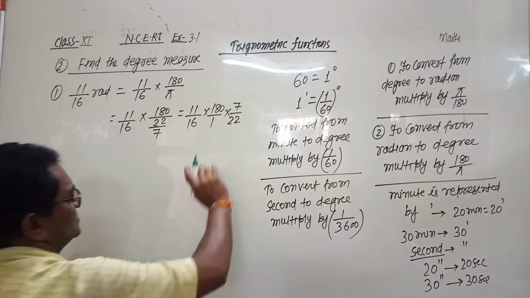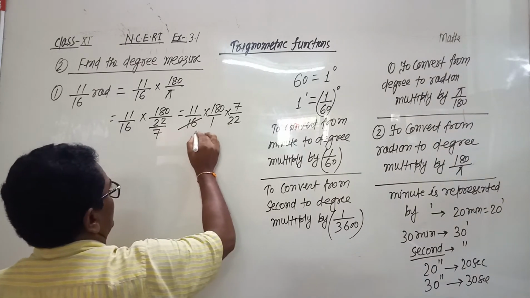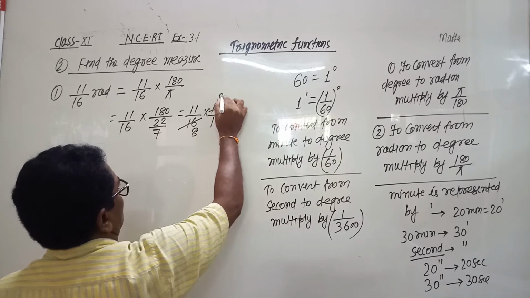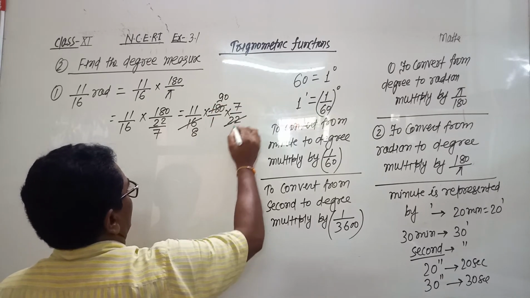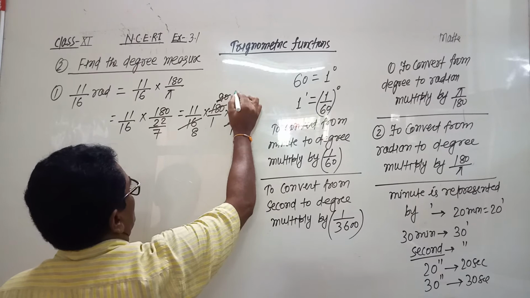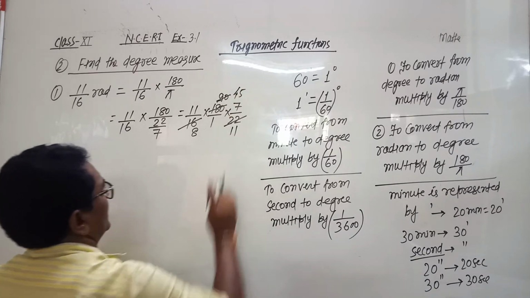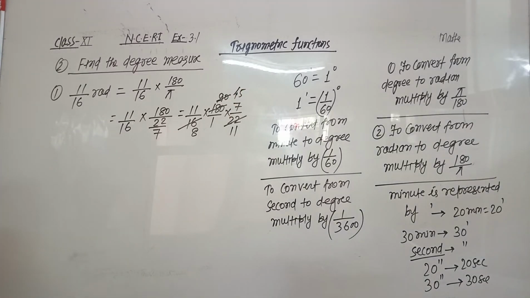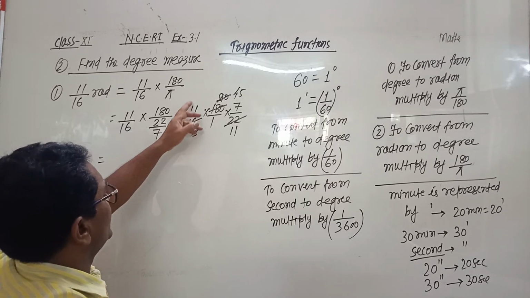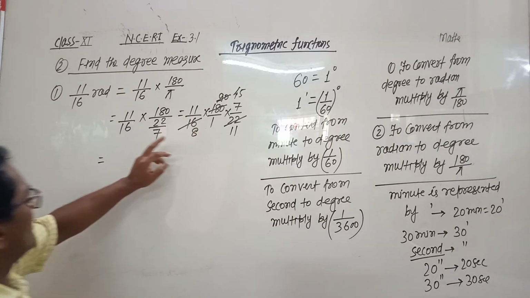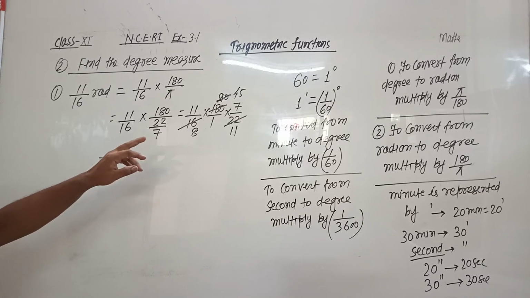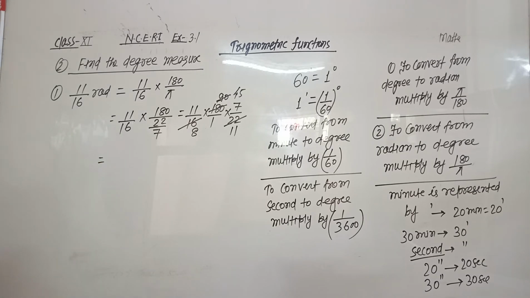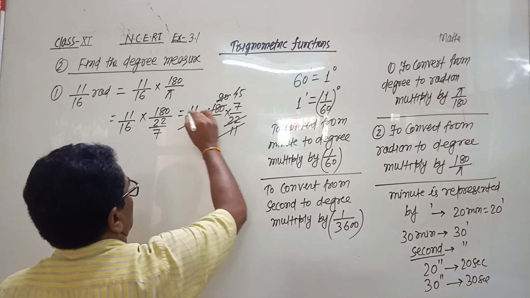Then we solve this. 8 twos are 16, 90 twos are 180, 11 twos are 22, and 45 twos are 90. And we get 11 into 11 by 16, we get 45 into 7. 11 and 11 also cancel.